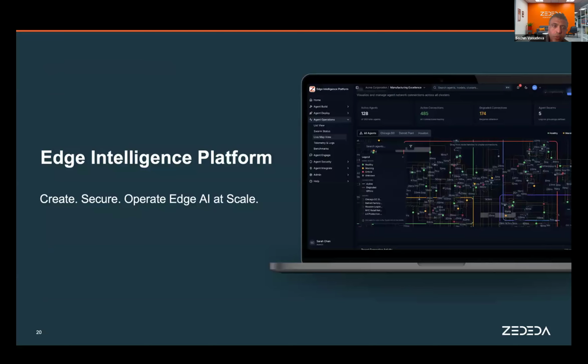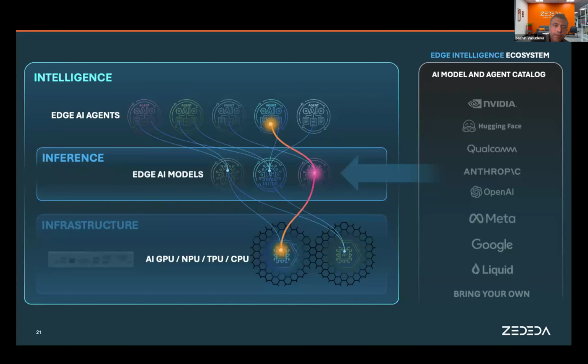With that, a quick overview of our platform. The Edge Intelligence Platform, where we are helping you create, secure, and operate edge AI at scale, is what we'll talk about. We launched this platform two weeks ago, and it is available to our customers. Most importantly, there are three layers.